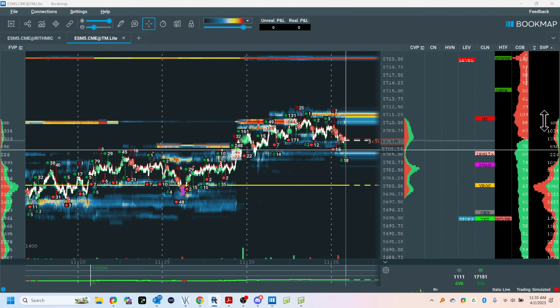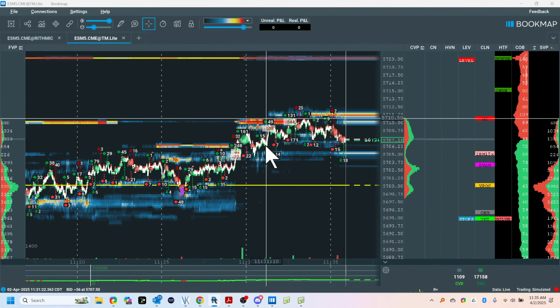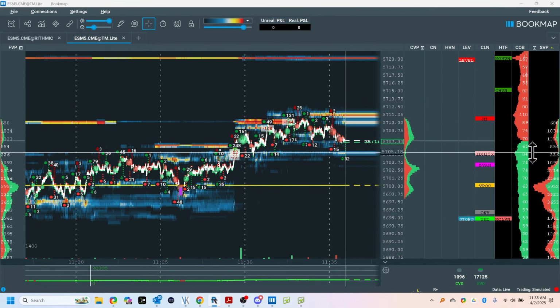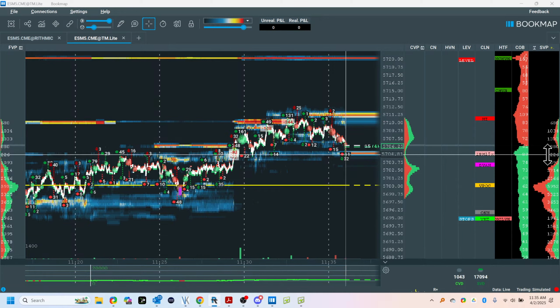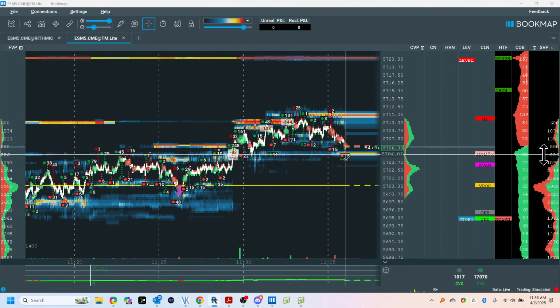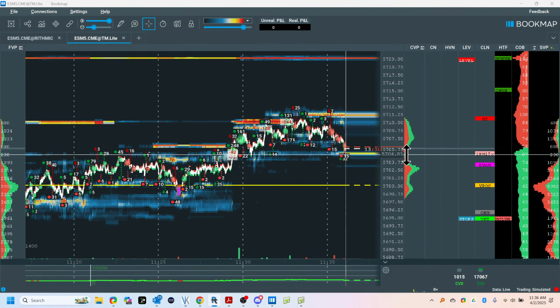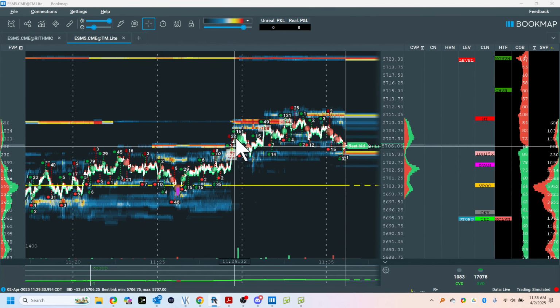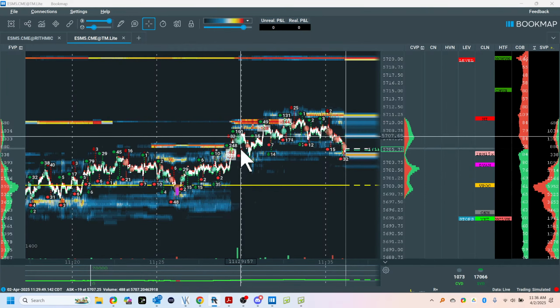These are called distributions, and all a distribution of volume is, is a consolidation. And when you have a thin area like this, it's called a low volume node. It's right there. Stops are going to be under here. And the acceleration here creates the low volume.